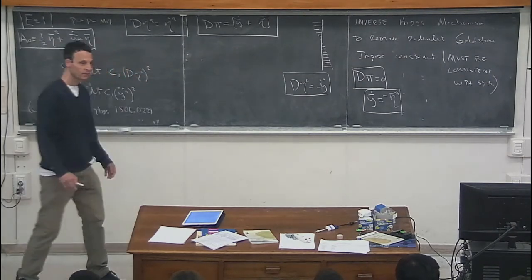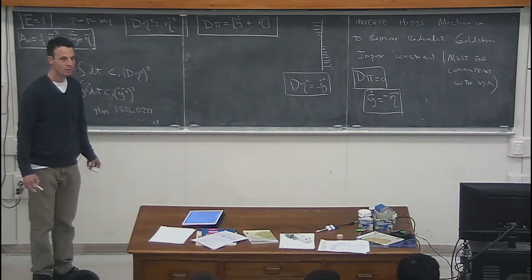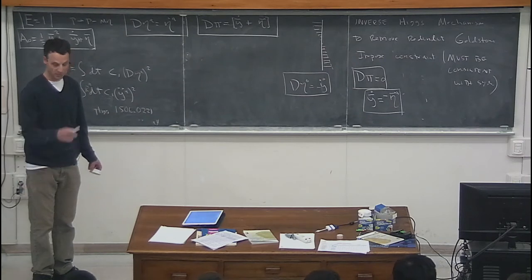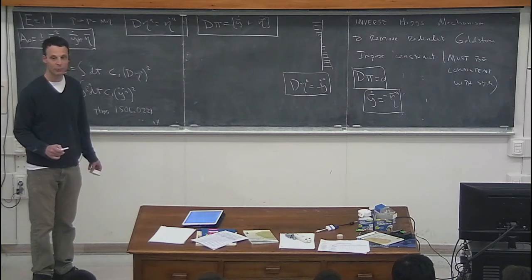Yes. Good. So why is A0 okay to write down? That's true, but A0 is not an invariant, right? How does A0 transform under a G transformation? What is A? How does it transform?